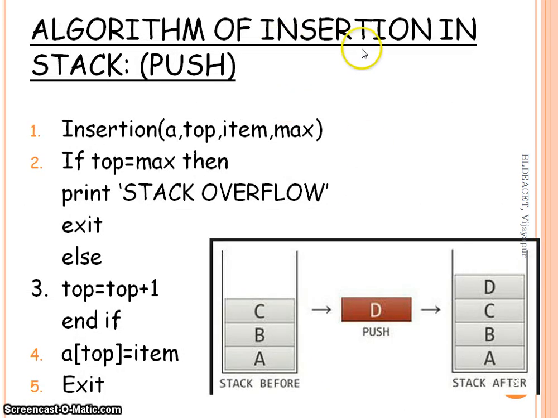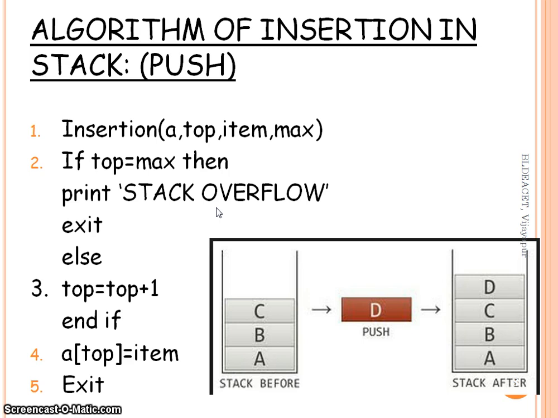Now the algorithm of insertion in a stack: how to push an element onto the stack. I have three elements A, B, C and I want to push the element D onto the stack. What do I have to do? Before inserting any element, you have to check for the condition called stack overflow. If top is equal to the maximum size of the stack, it leads to a stack overflow condition.